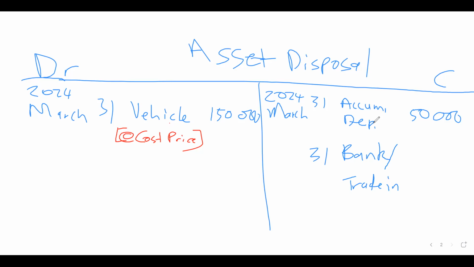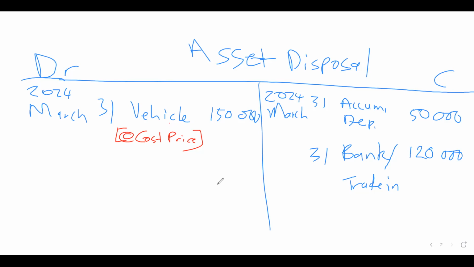Now, Tawang, let's assume that the amount you have received here is 120,000. Okay? Are we together? Yes. Right. Now, the question that comes to your mind should be, where do I put the profit, or where do I put a loss if it is a loss?